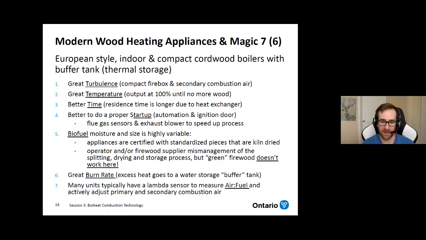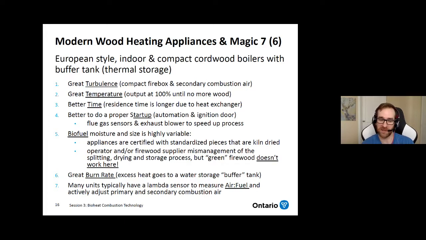And the other thing to consider is that if you try to put green firewood or improperly seasoned firewood, it may happen that the unit won't start properly or that you won't be able to run the unit properly. So people get a first shock when they buy this unit, they say, yeah, my firewood is perfect, I've been doing it all my life properly. And then they try to light a fire and they just run into issues. They can't even start the fire.